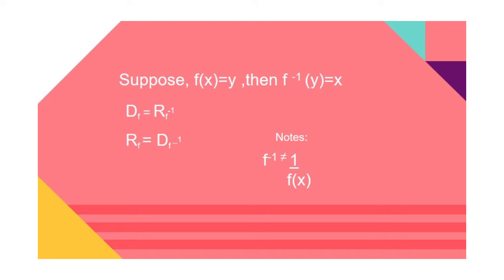The domain of the function is equal to the range of the inverse function, and the range of the function is equal to the domain of the inverse function. Also, we can note that the inverse function of x is not equal to 1 over f(x).